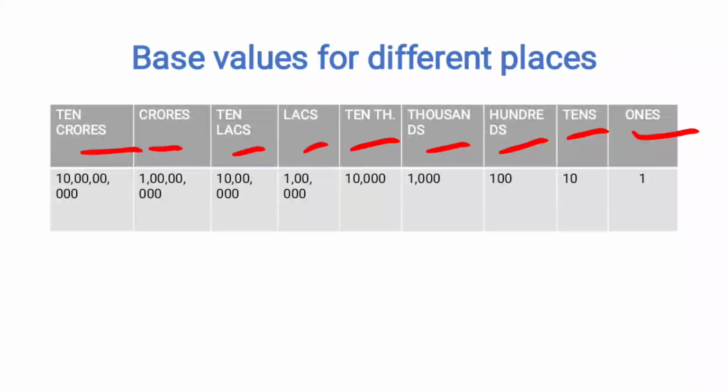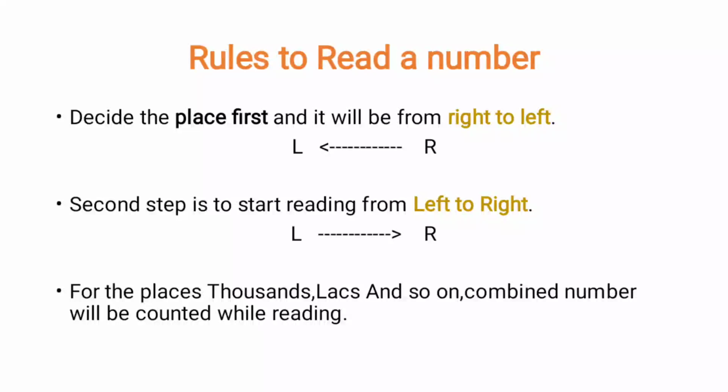So these all are places, but below that the base value of every place is given. For ones place the base value is 1. For tens 10. For hundreds place the base value is 100 and so on. Right, so these are basics for place and their bases.